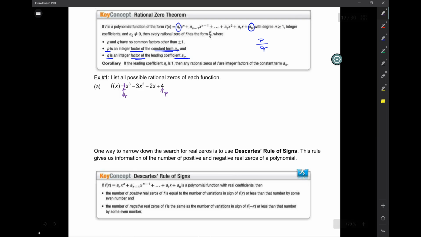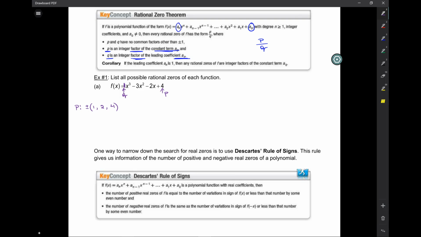Obviously, it's the easiest case when Q is the factors of 1, right? So, P are the factors of 4. So, the factors of 4 are 1, 2, and 4, but also negative 1, negative 2, and negative 4, correct? So, I say plus or minus 1, 2, and 4. A little bit of shorthand. The book might have different notation.